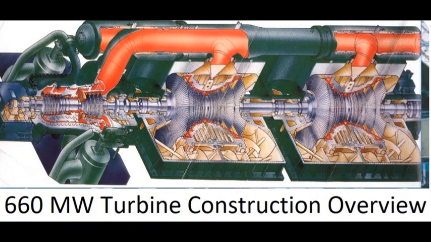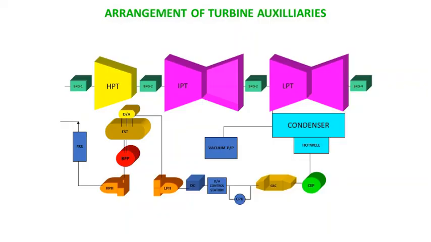In most plants, we will find that these turbines are placed successively and coupled together in such a way that they work in unison as a combined unit of turbo alternator. So HP, IP, LP and alternator are all coupled together, and together they are called turbo generators.